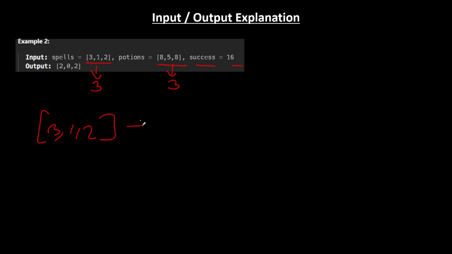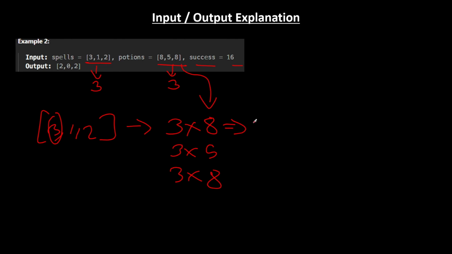So what if I take 3, the strength 3? I will multiply it by 8, 3 into 5, and then 3 into 8. These are the potion values. 8 into 3 gives me 24. 3 into 5 gives me 15. 8 into 3 gives me 24.